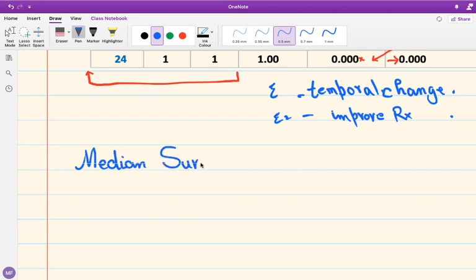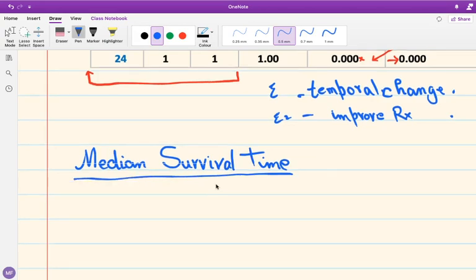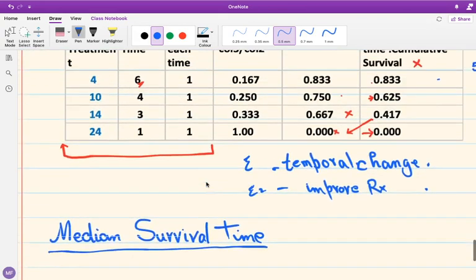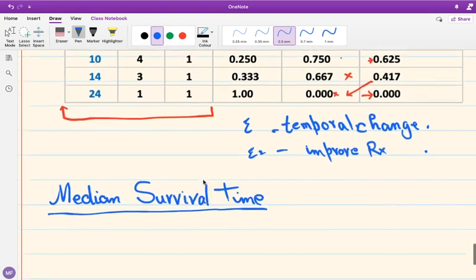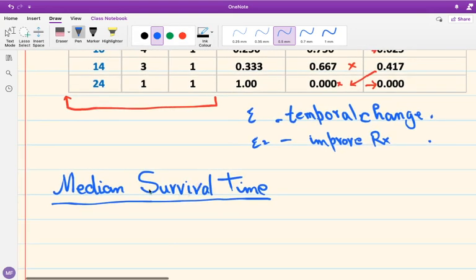Okay, so that is median survival time. The reason for adding median survival time is that when we calculate a mean value somewhere, the mean may be dislodged by extreme values. So the median value is the more accurate measure for survival analysis. This is just another way of presenting our findings.